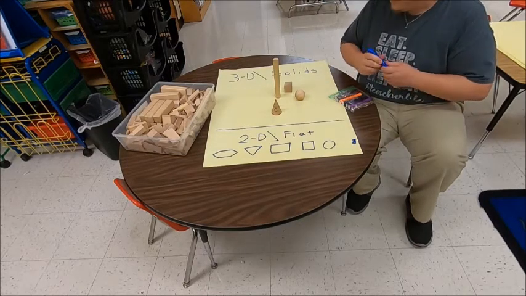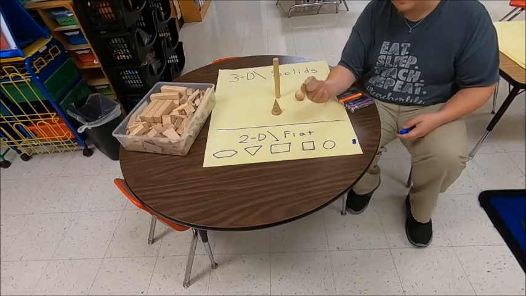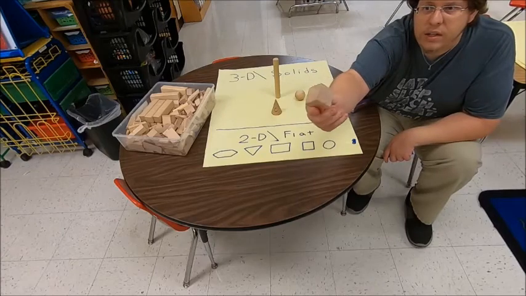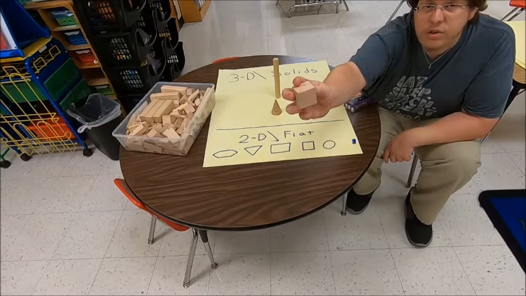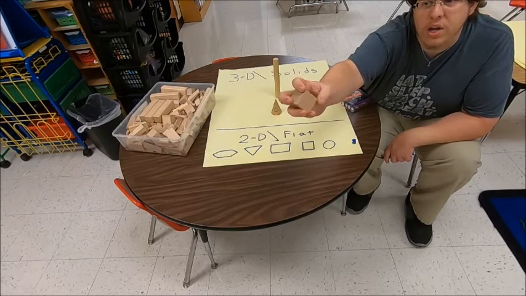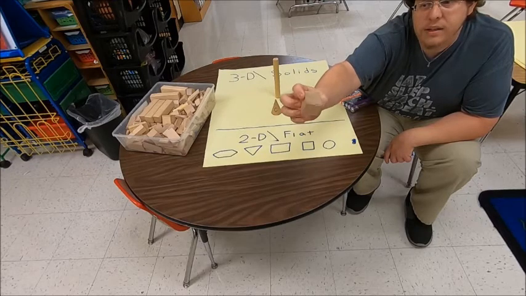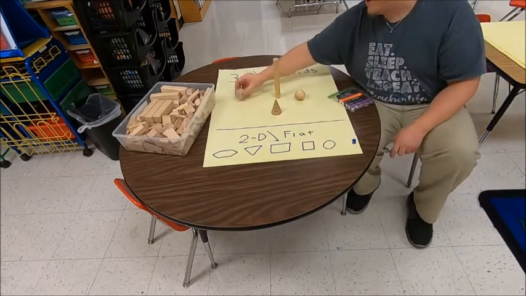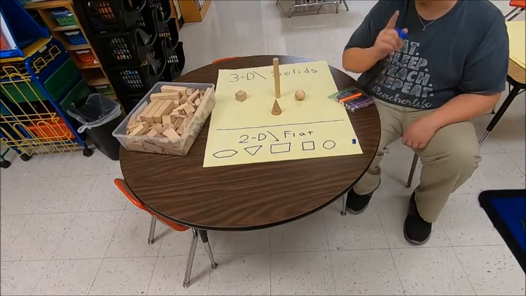Solids. So, does anybody know what this one is called? Right here? Take a look. Good close look. Did you notice that it's got squares on all of its sides? Well, if you said it was a box, you're very close.